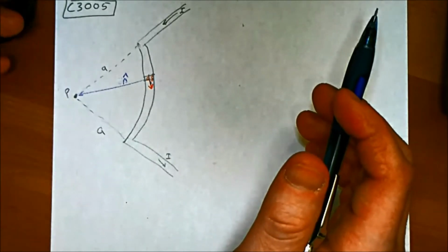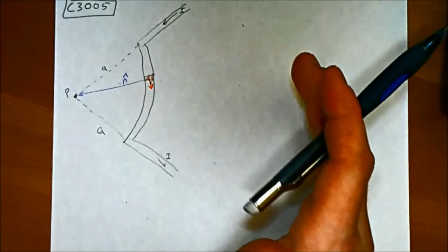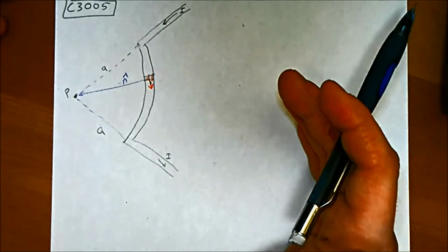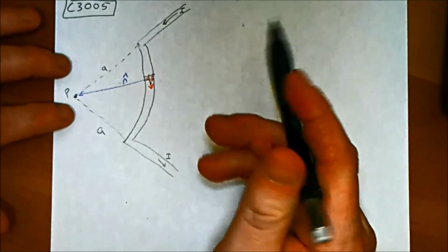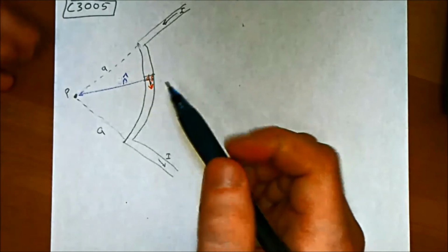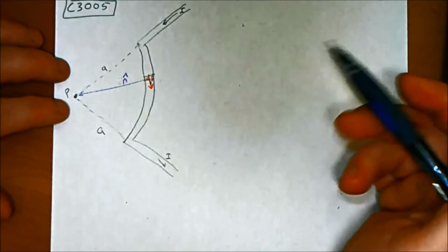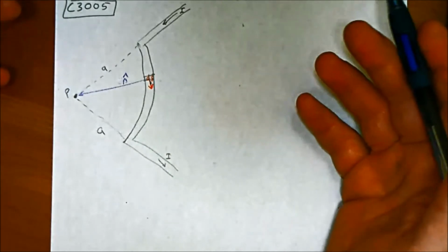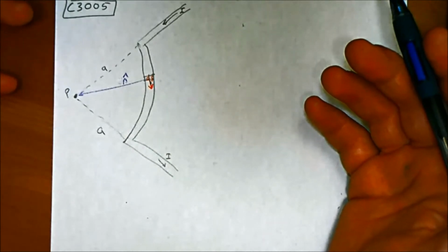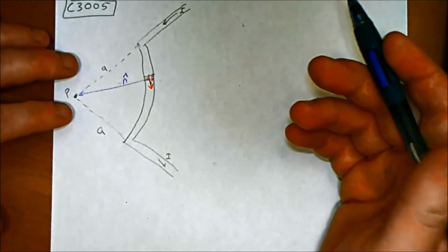Why do we care about this? This is actually a very important generalizing problem, because as we'll see at the end, we'll use this setup to extend to a full circular loop, which comes up all the time, and we'll be able to calculate what the magnetic field inside that circular loop is.